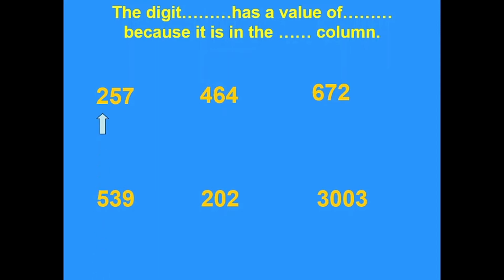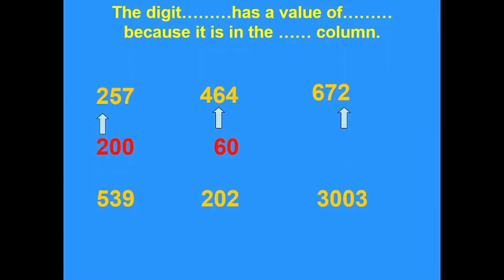The digit 2 has a value of 200. 2 times 100 equals 200. Next, the digit 6 has a value of 60 because it is in the tens column. So 6 times 10 equals 60.